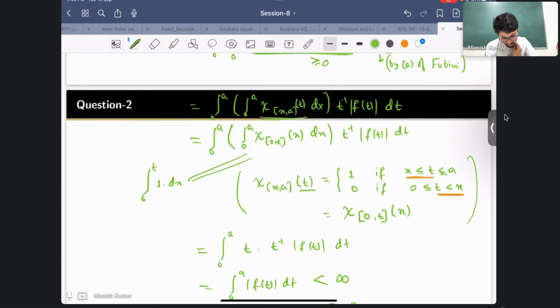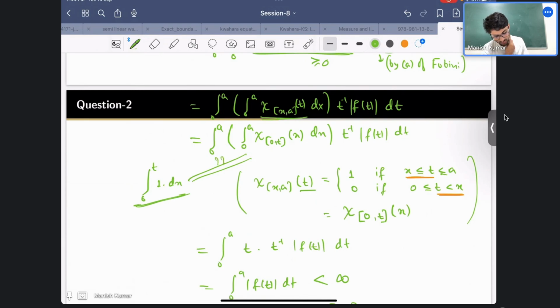So how is it? Yeah, so what is the integration of this? How do you integrate this? No, sir, it will be equal to the above integral. So you are saying how this equality is coming?